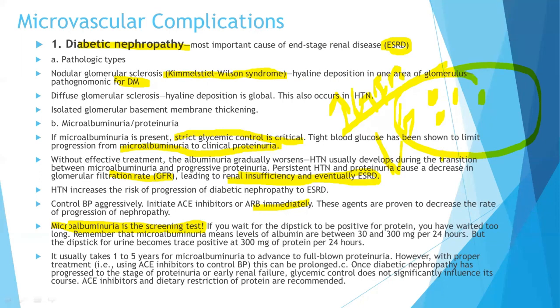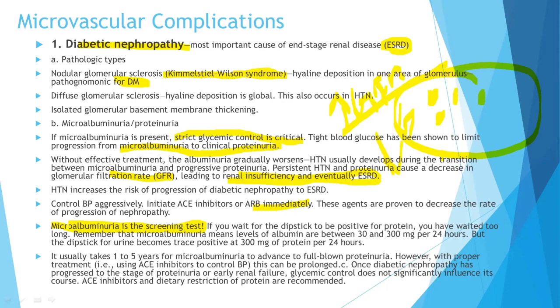So if you wait for the dipstick to be positive for the protein, you have waited too long. Remember that microalbuminuria means levels of albumin are between 30 and 300 milligrams per 24 hours. But the dipstick of the urine becomes positive at 300 milligrams of protein per 24 hours. So when the threshold of microalbuminuria ends, then the threshold for the urine dipstick starts.